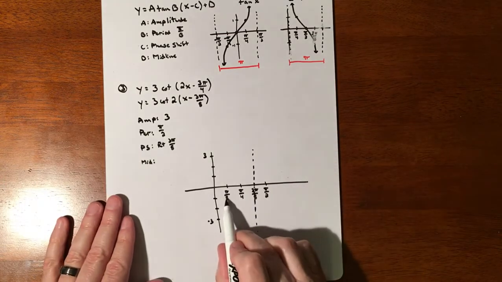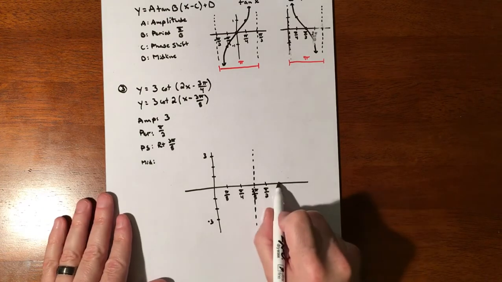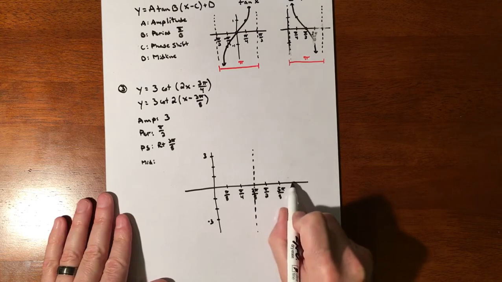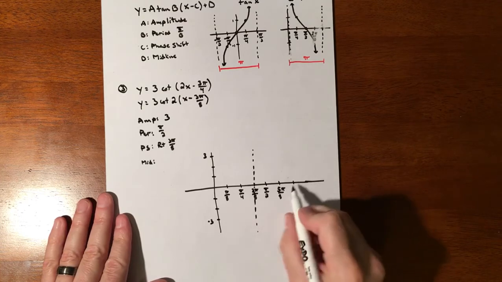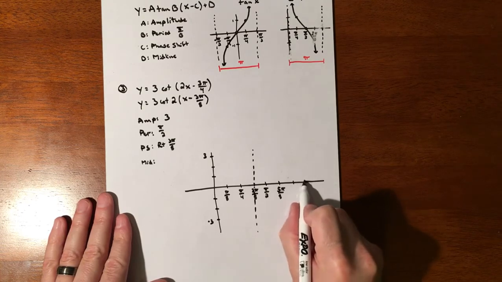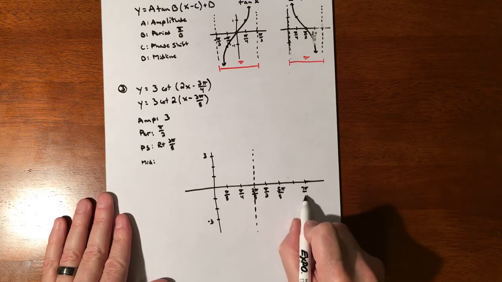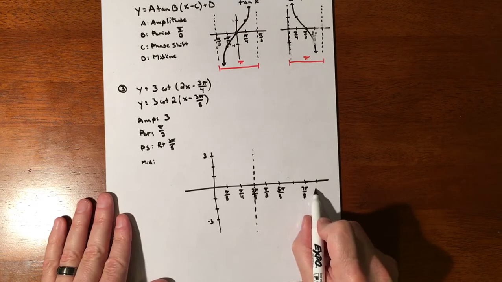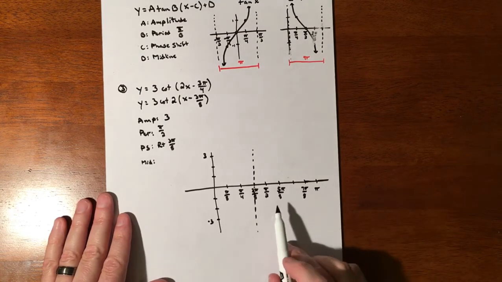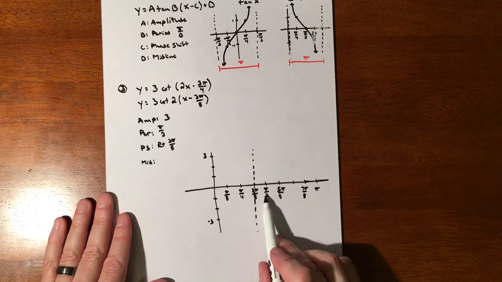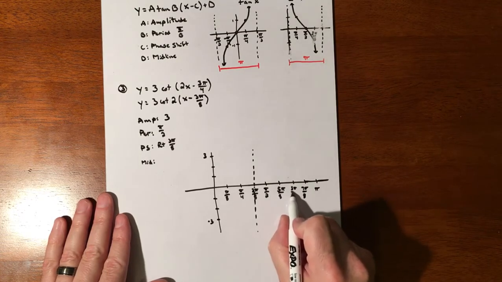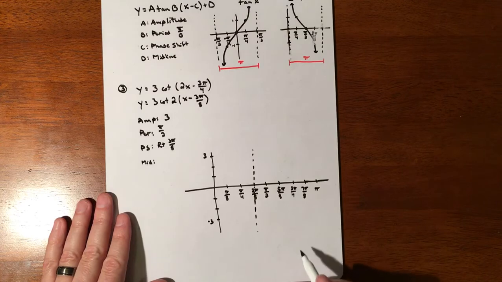Okay, and then we're going to go 1/8, 2/8, 3/8, 4/8, 5/8, 6/8, 7/8, 8/8. I don't even know if we need to go that far or not. But this is 5/8, 6/8, simplifies to 3 pi over 4.